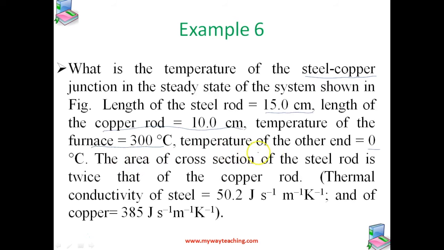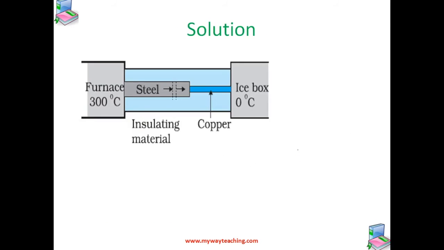Area of cross section of the steel rod is twice that of the copper rod, and thermal conductivity of steel is 50.2 and that of copper is 385. So these are the data given.